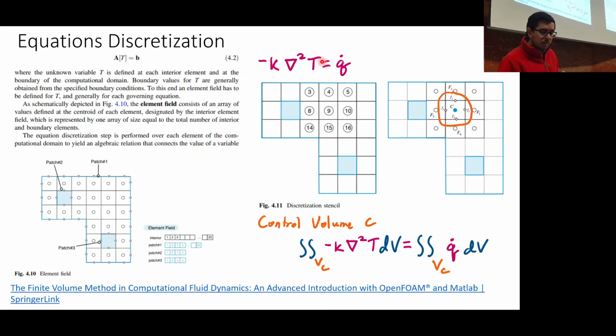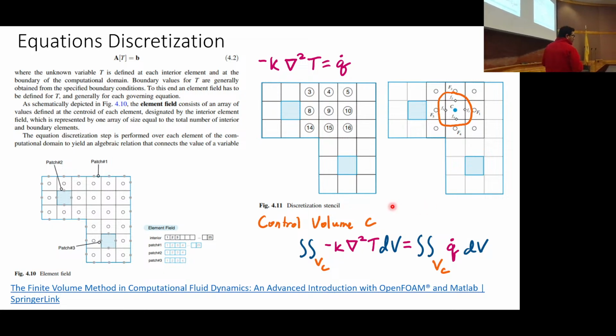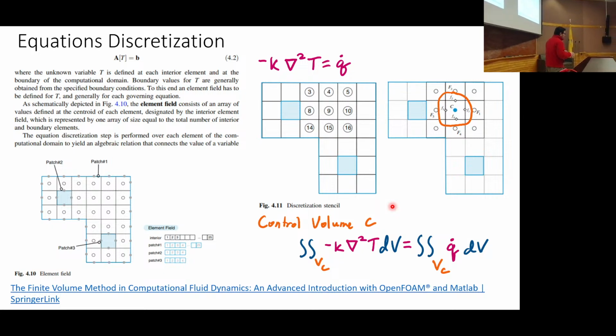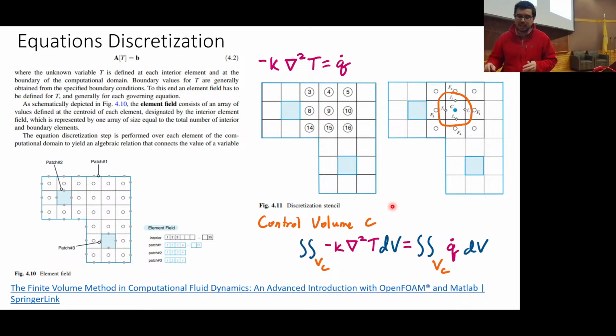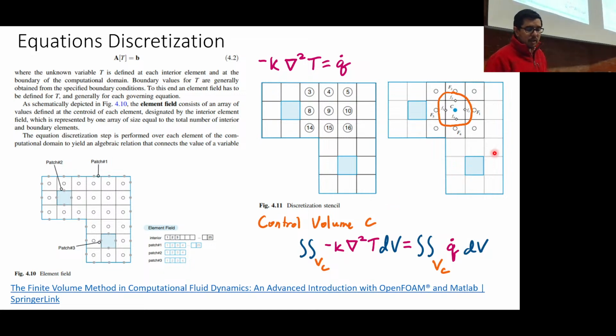So that's what we're trying to do. And as you saw with the finite difference method, it was usually easier to think about what's going on in the middle rather than at the boundaries, right? The central difference. So here, we're looking at element number 9. Element number 9 has 4 boundaries, 4 walls.